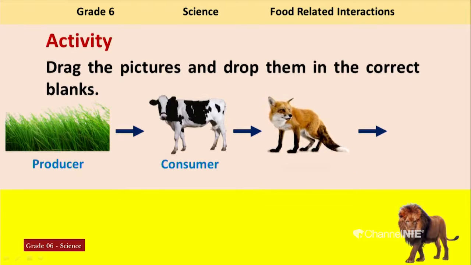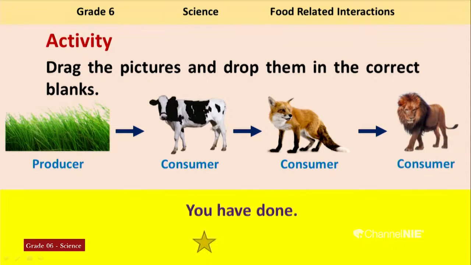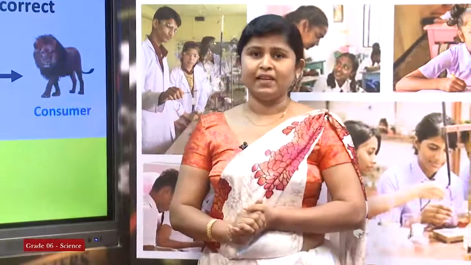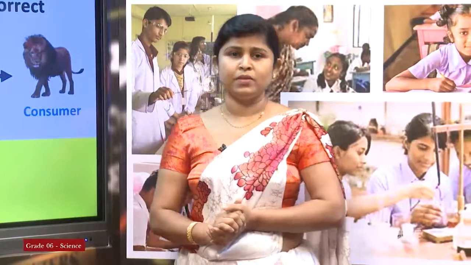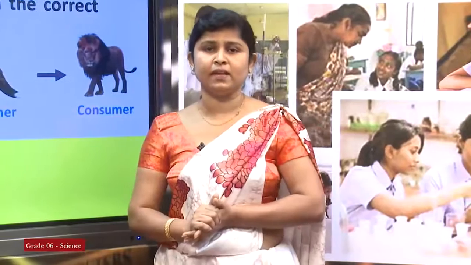Right, the cow is consumed by the fox, and finally the lion. Good. Now you see, there is the producer and there are 3 consumers. Here I want to explain that the producers are producing food. They store the energy of the sun.